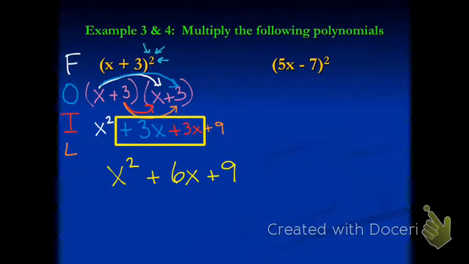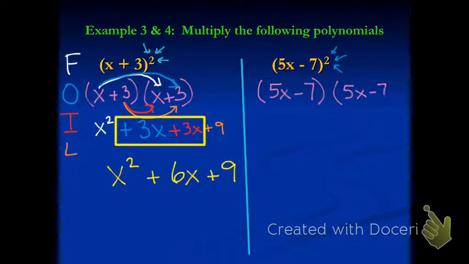I'm going to draw a little line down here as we have example 4. Example 4 looks a little bit different than example 3. We still have our second power there. So what that tells us is that it's going to be 5x minus 7 times 5x minus 7. And again, we are going to use the FOIL method, or distribute, and we're going to multiply the 5x times the 5x.